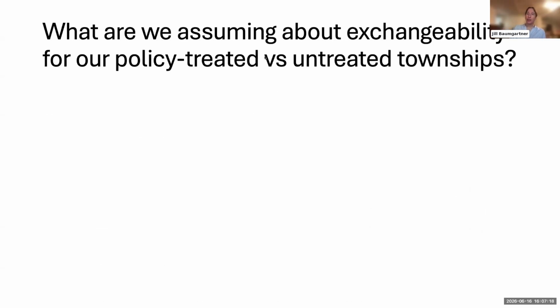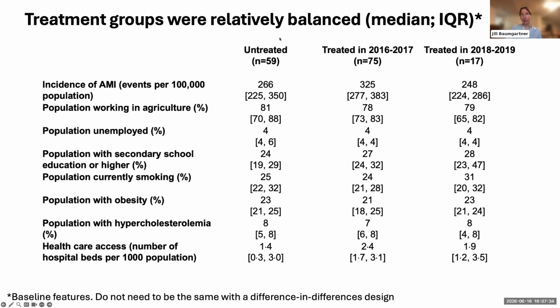So my question for you, and feel free to put this into the chat, what are we assuming about exchangeability for our policy treated versus untreated townships? If you think about exchangeability, we have our treated, those that were in this coal to clean heating policy, they received electric stoves, and those that weren't.